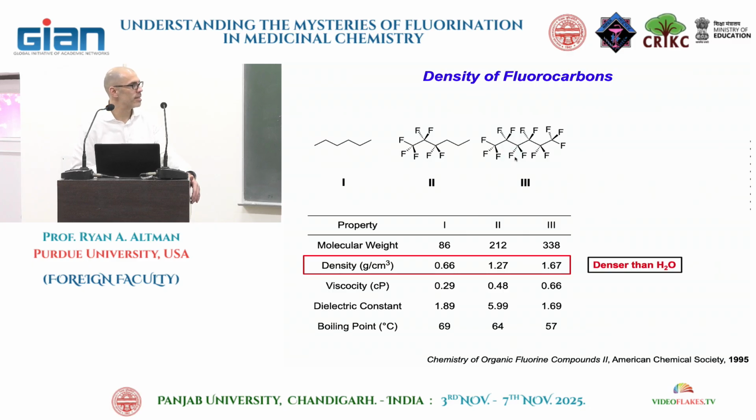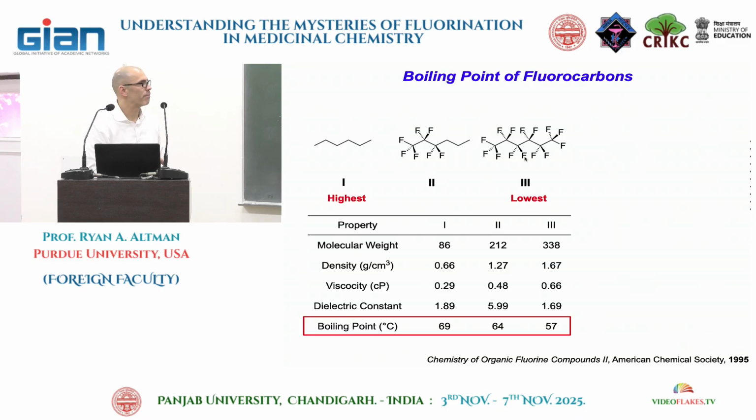Look at the density of those, pretty drastic. Water, 1.0, the number we all know. So the hexane itself is not very dense, while the fluorinated ones have high density, and there's a lot of mass there. The fluorine is heavier than hydrogen, so per unit, yeah, you would expect that to be more dense. That makes sense, right? Okay.